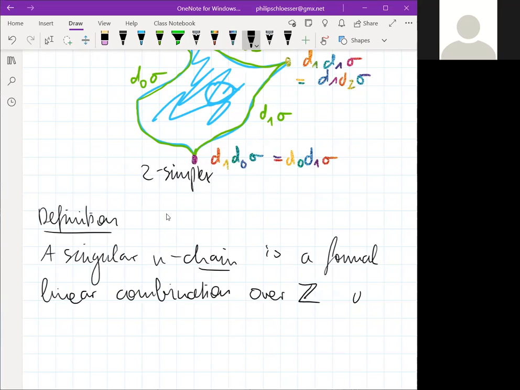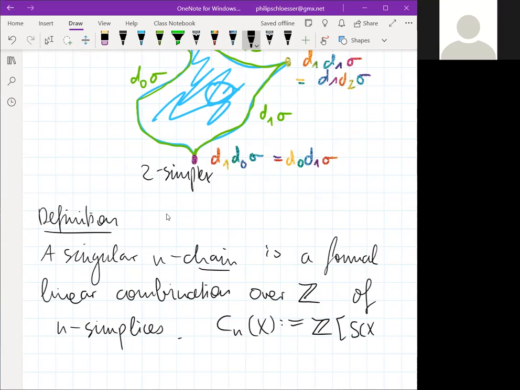Over Z of n simplices. And we write it as C_n(X). Essentially you can just say Z adjoined those simplices, but not as rings, but as abelian groups.